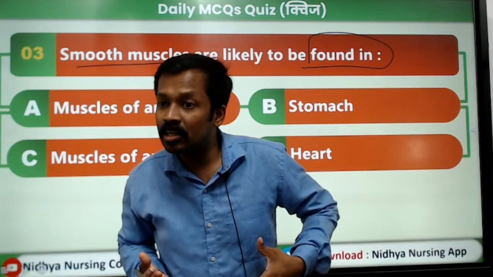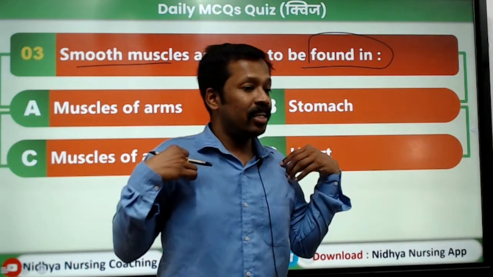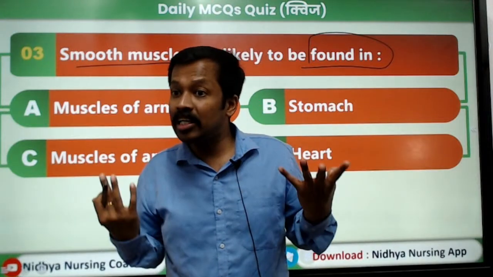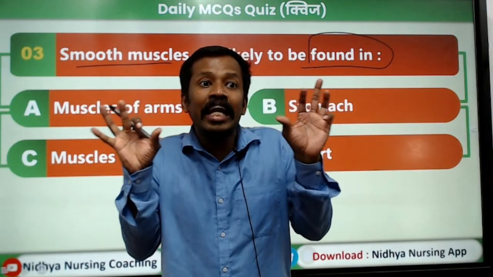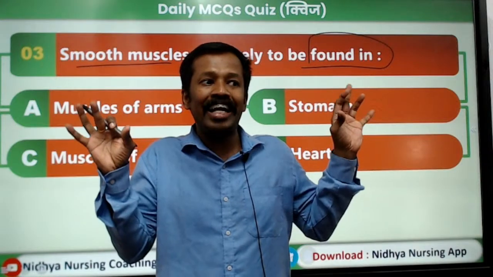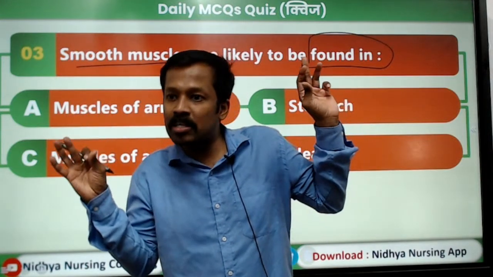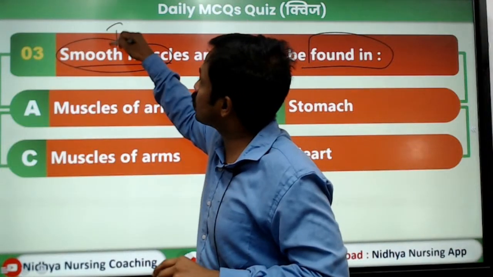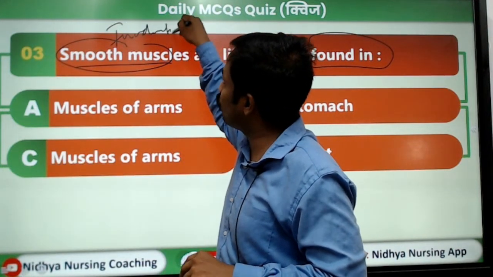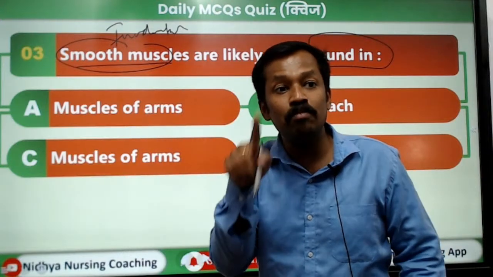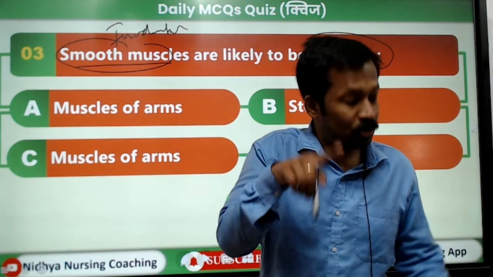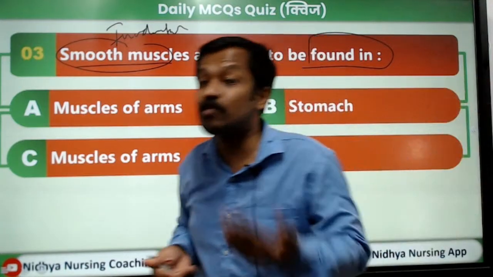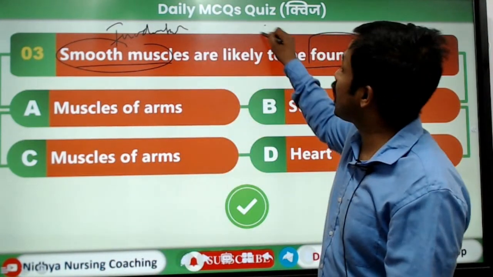Involuntary means we can't control. Involuntary muscles are made up of smooth muscle. But skeletal muscles are voluntary.